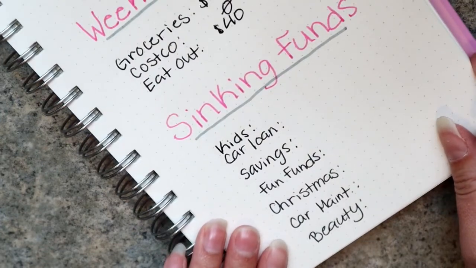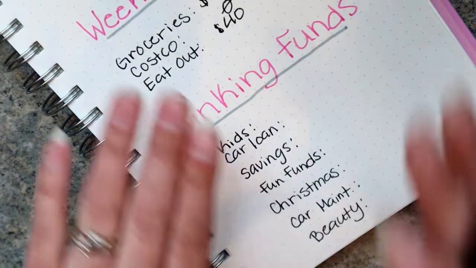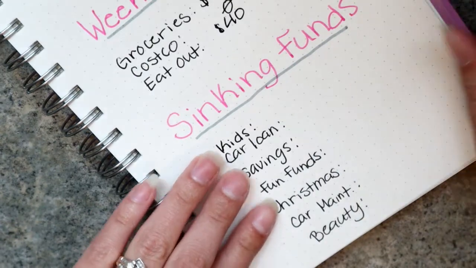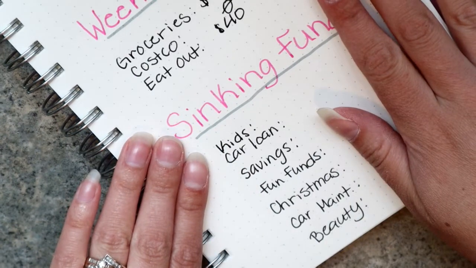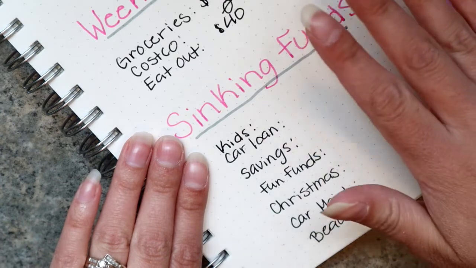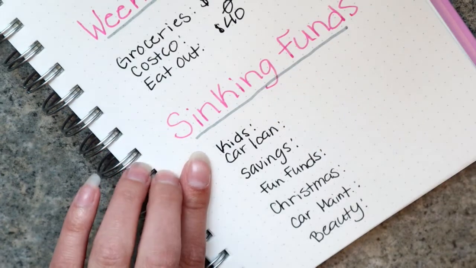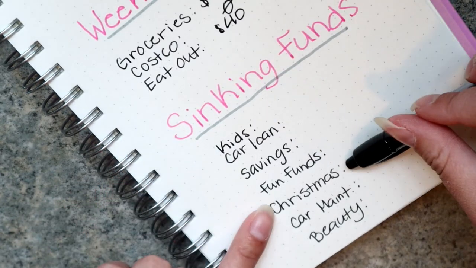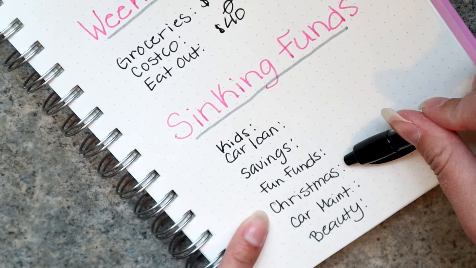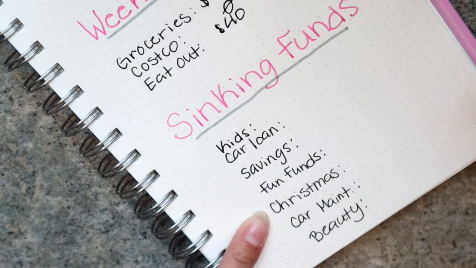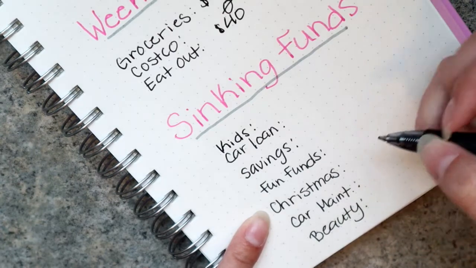And then down here to my sinking funds. If you're not sure or have never seen one of these budget videos before, sinking funds are just funds that you put money in for multiple weeks, months, years, and it just accumulates, or things like Christmas where you start in January and add up until it's time to buy Christmas presents.